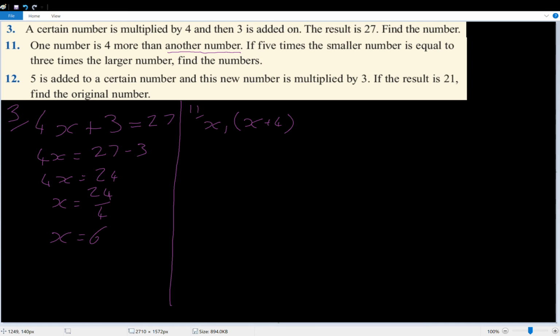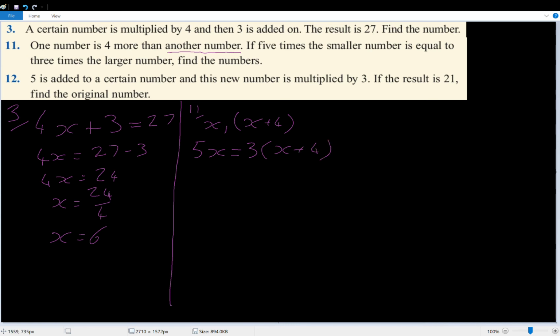So if 5 times the smaller number is equal to 3 times the larger number, we got to find the numbers. Well, 5 times the smaller number is where we'll start. The smaller number is x, and 5 times that would be 5x. And then we're told that that is equal to 3 times the larger number. So it's going to be 3 times, and the larger number is x plus 4, like that.